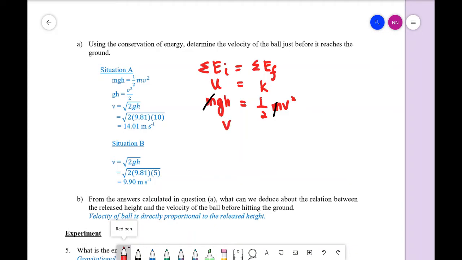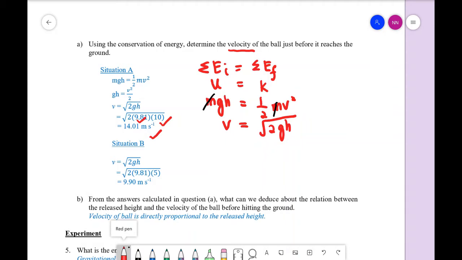Because we want to find the velocity v, so v equals square root of 2gh. So substitute g 9.81, substitute height. Height is 10 meter, so velocity before it reaches the ground is 14.01 meter per second.